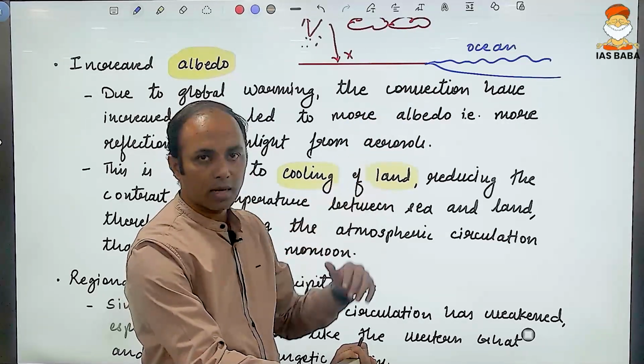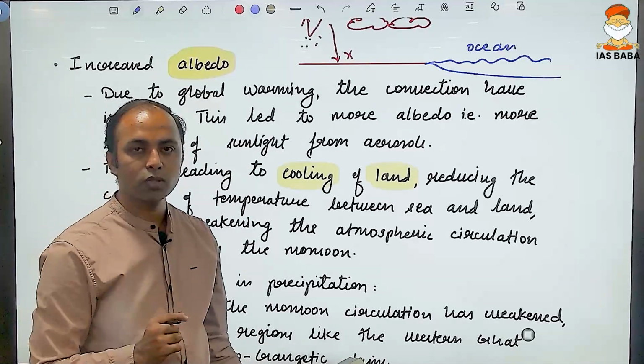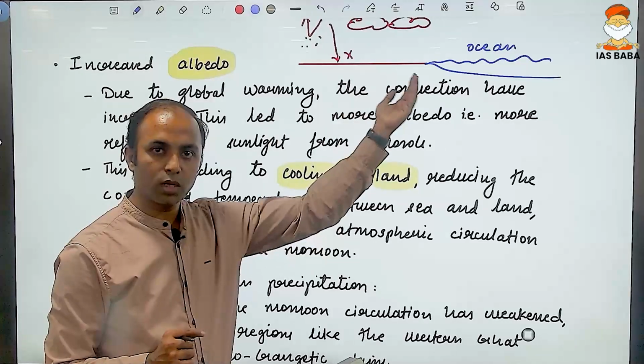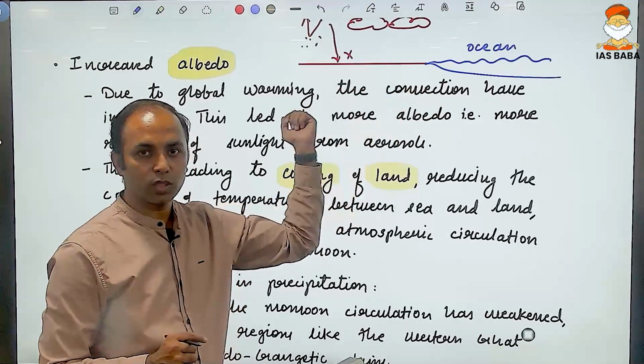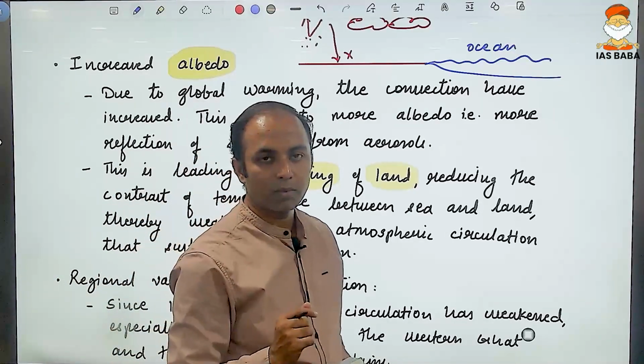When the thermal contrast decreases, the pressure gradient force is going to decrease. In that context, sufficient moisture will not be pulled from the ocean towards the continent, and the monsoon is going to become weak.